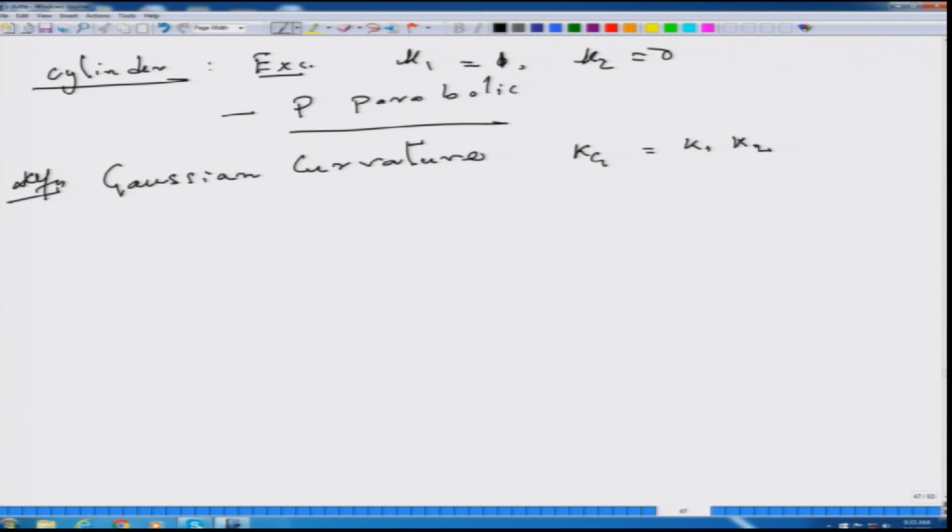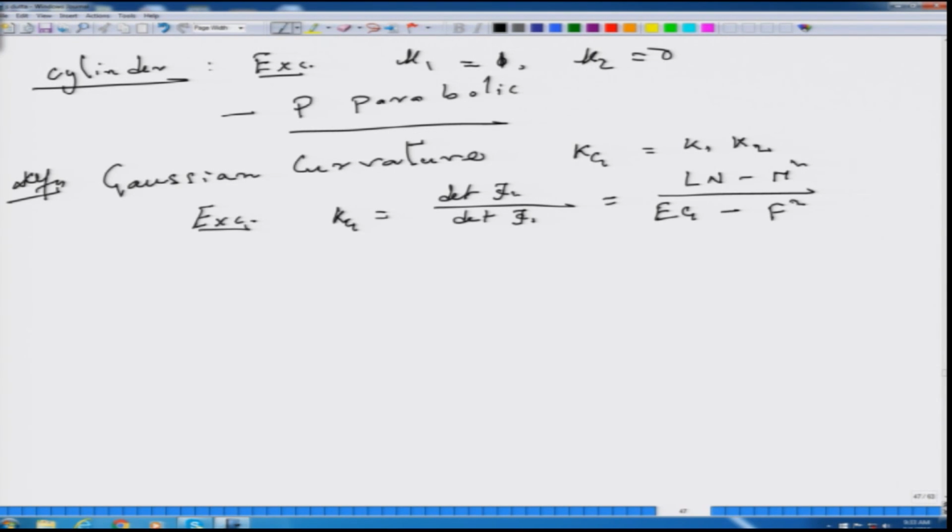So, here comes an immediate exercise that Kg is actually determinant of F2 divided by determinant of F1, or in terms of fundamental forms it is L N minus M square over E G minus F square.